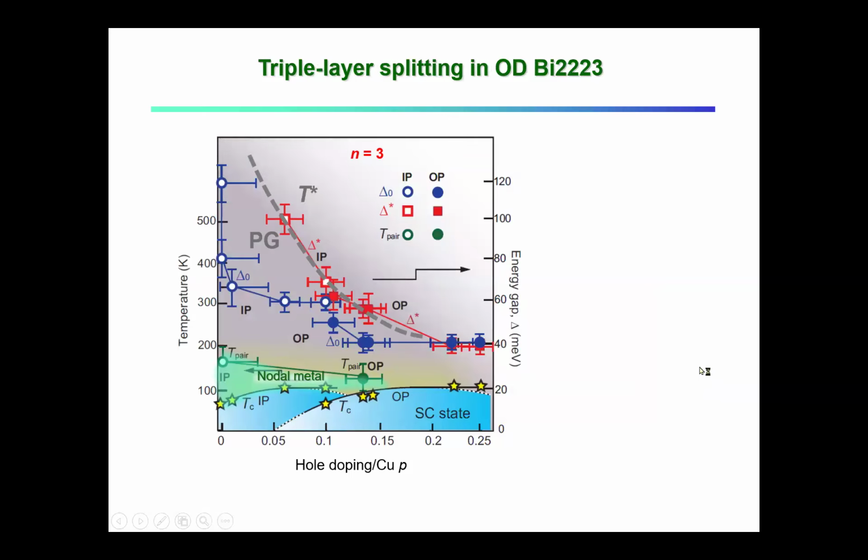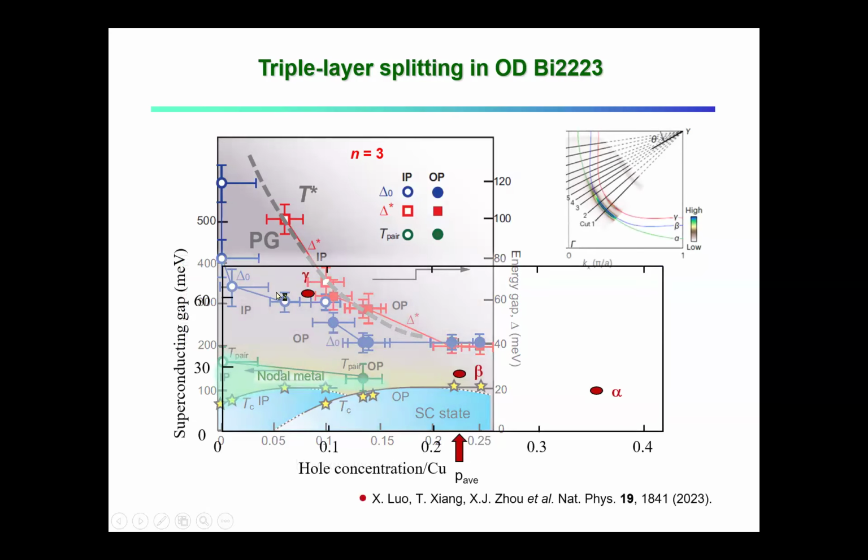So this data can be plotted on our phase diagram, with alpha, beta, gamma being overdoped, optimally doped, and underdoped. And recently, we have studied even more heavily overdoped bismuth 2223 and found these three Fermi surfaces, with two-layer splitting.